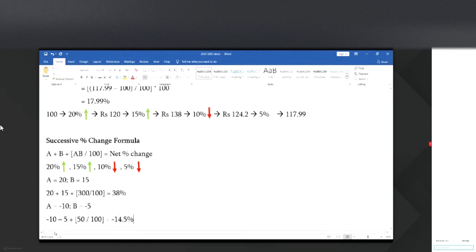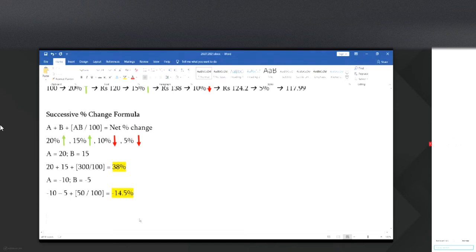Okay, so now all I have to do is again put this 38 percentage and minus 14.5 percentage in the formula again, and I'll get the final change. So if I want to know the final change, I have to take A value as plus 38 and B value must be taken as minus 14.5. So 38 minus 14.5. 38 into 14.5 will be what? So this will give me 551.